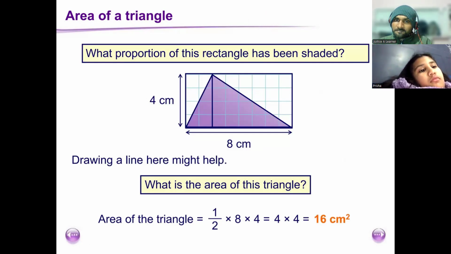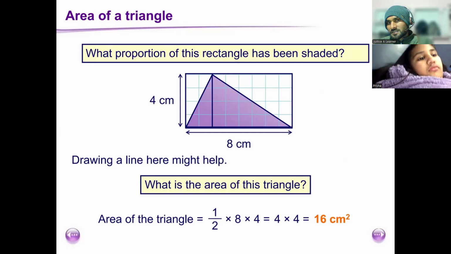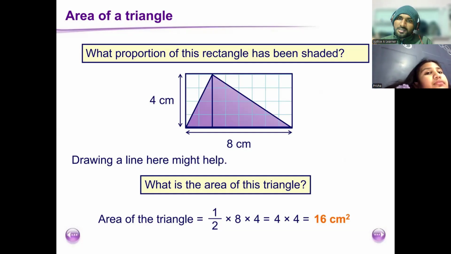So we see this is a rectangle. Under this we have a triangle, right? What portion of this rectangle has been shaded? So we see a triangle here, but that triangle is not a right angle triangle. So we have kept a line from our side.